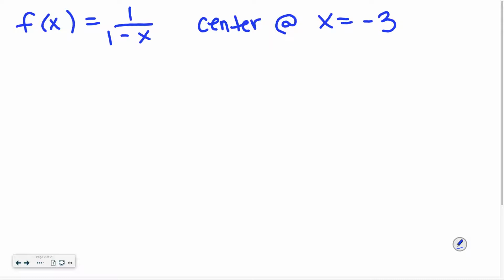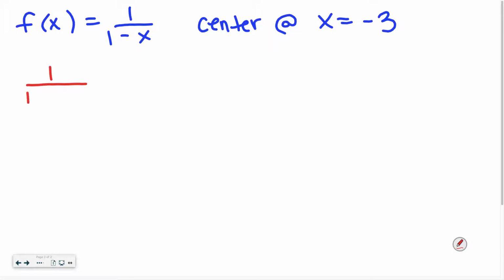In order for this to be centered at x equals negative 3, that means this x is in place of our r, and if we want this to be centered at negative 3, then this would need to be x plus 3. Okay, so let's see what we can do here.